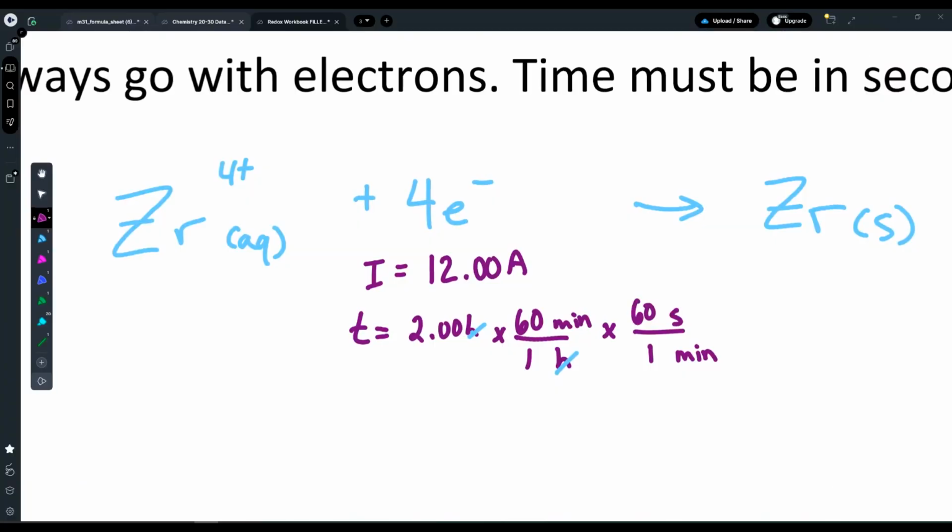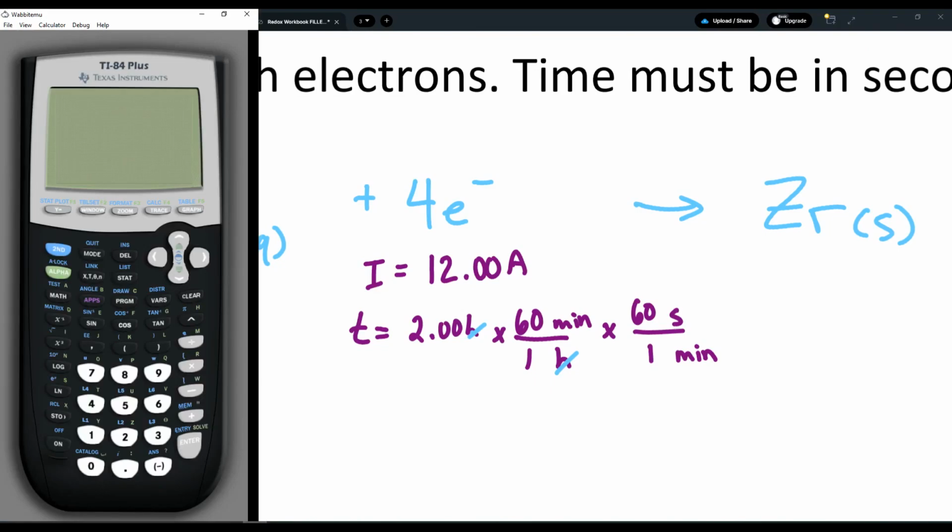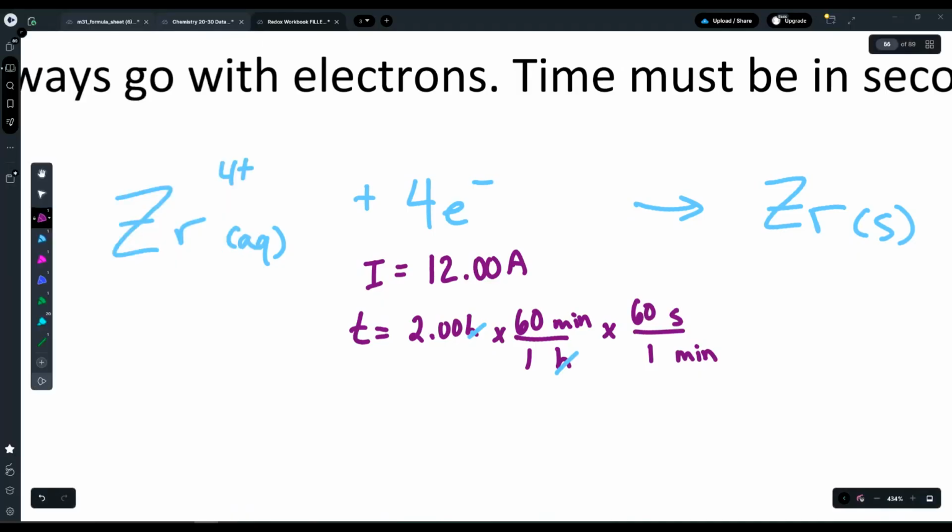So we take all of our numerators, multiply them together, multiply all of our denominators together, and then divide the two. 2 times 60 times 60 is 7,200. The denominators just multiply to 1, and any number divided by 1 stays the same. So this is 7,200 seconds.